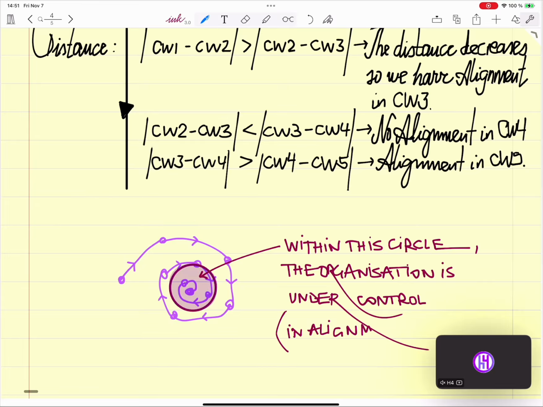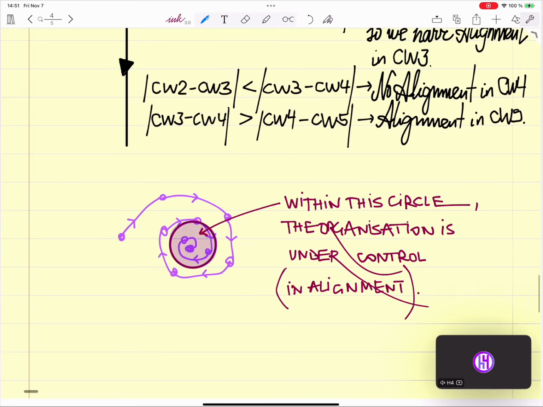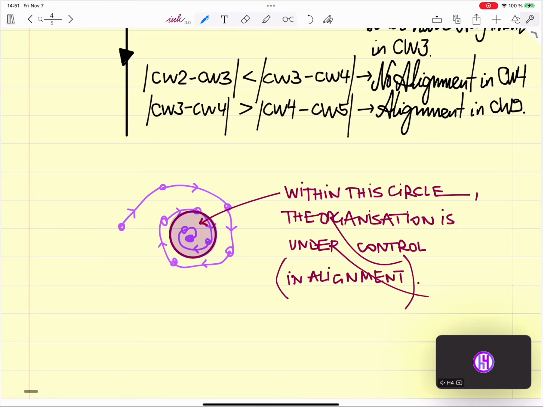Remember the first lecture when we talked about organizational dynamics and alignment. The first lecture of the semester, I mean.